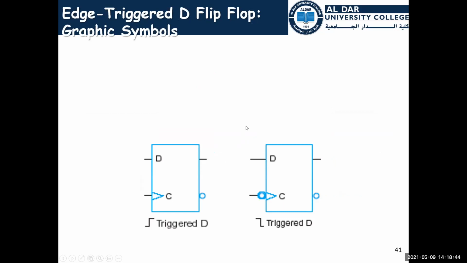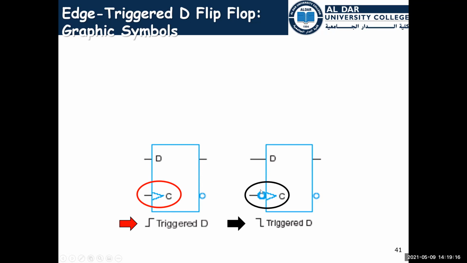We have different symbols for the D flip-flop. We will see now how it is working, but we need to see the symbols first. We have the positive edge triggered D flip-flop, and this is the negative edge triggered D flip-flop. This is the clock, and this is the negative clock.